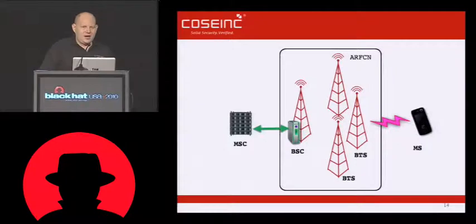Okay, so ARFCN is basically a specific subset of the GSM band that you're using for your communications. So of the GSM bands, which is like 850, 900, 1800, and 1900, there's actually subsets within that of 200 kilohertz, some value that's fairly small, and those get paired together.